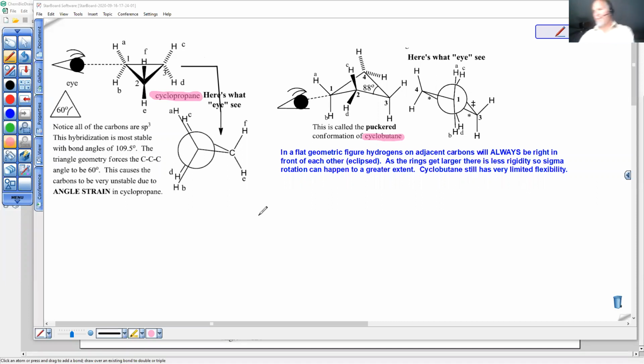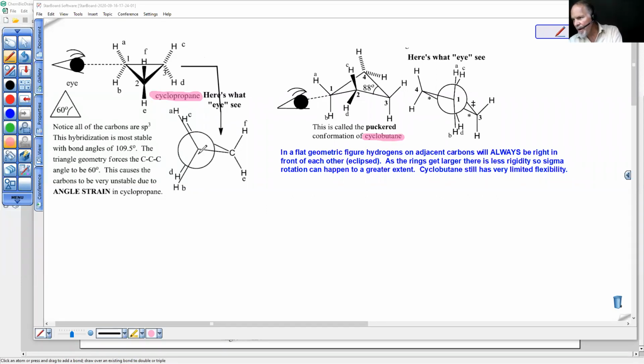We're going to look at the smallest rings possible for organic compounds, cyclopropane being the smallest. What I've done is I've drawn cyclopropane here, trying to show the geometry, and my eye is looking at carbon 1 with carbon 3 behind it. So here's what my eye is looking at right here.